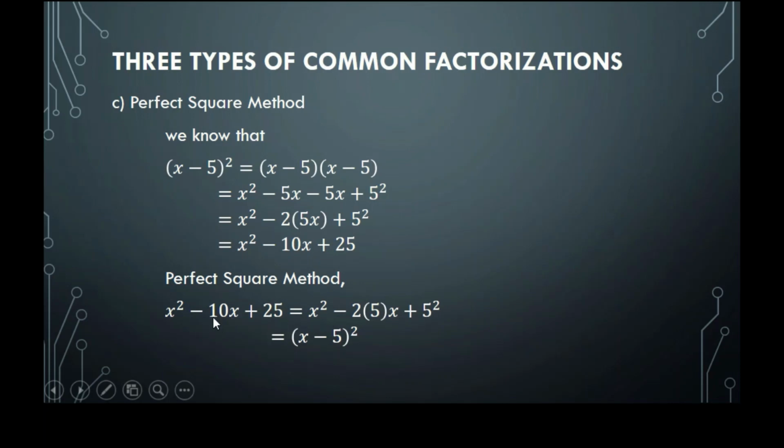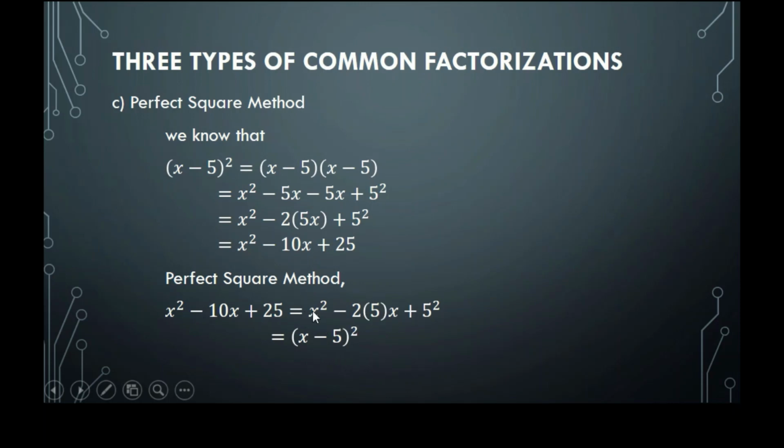This 10x we can change to 2, and the 2 is the fixed value, times the value from the back, 5, and x from in front here.